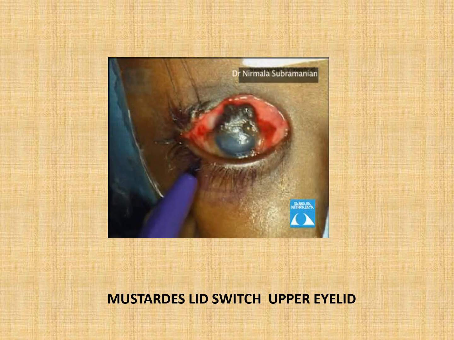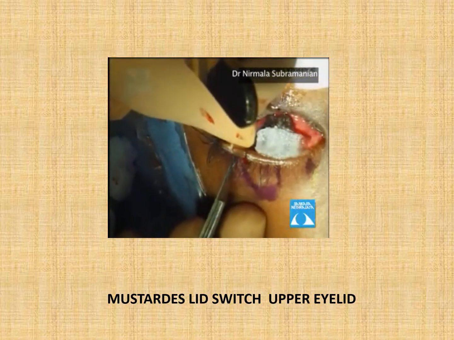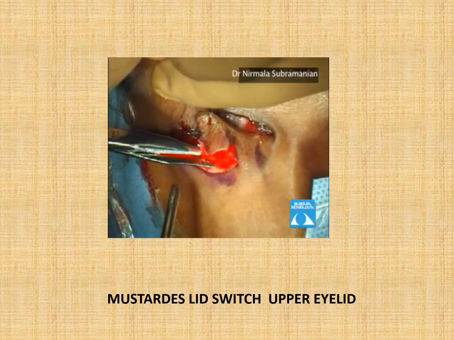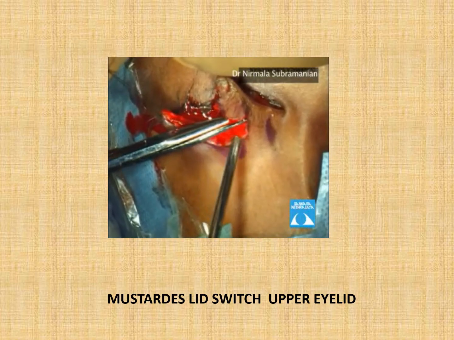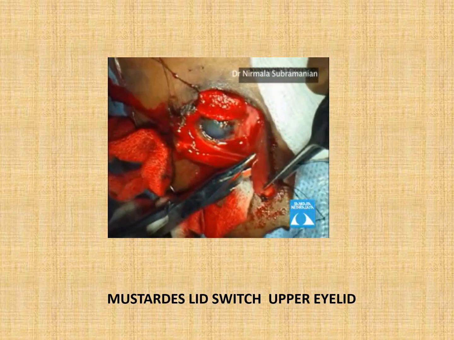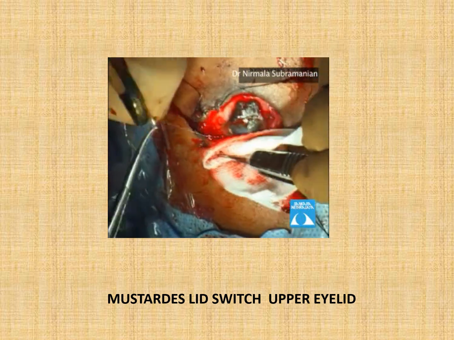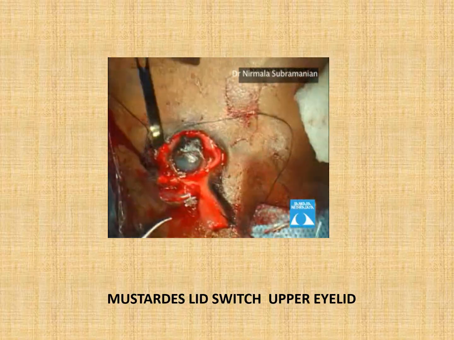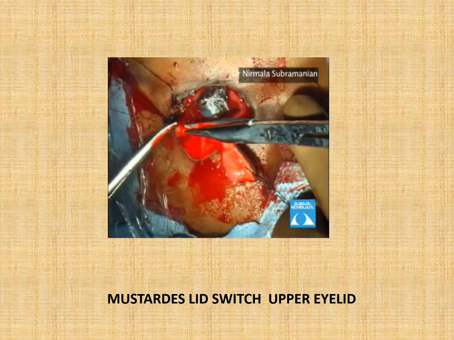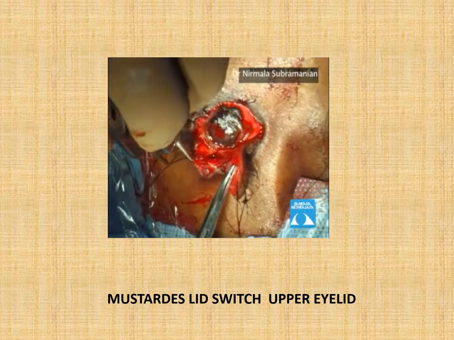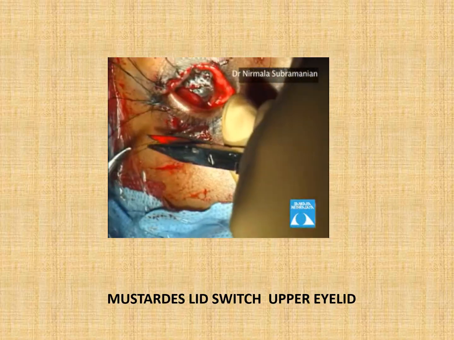Mustardé lid switch for the upper eyelid. The flap is raised. Flap is turned onto the defect and donor area is sutured first.